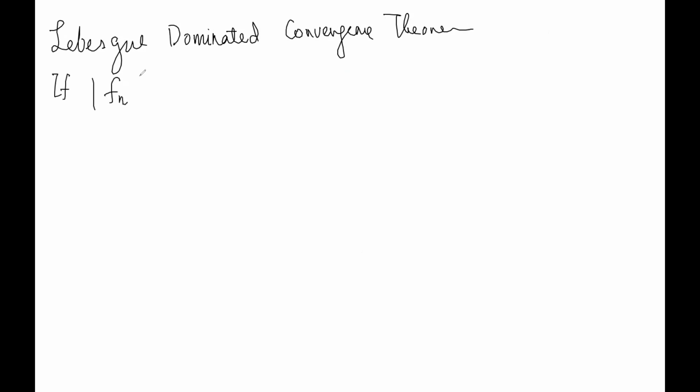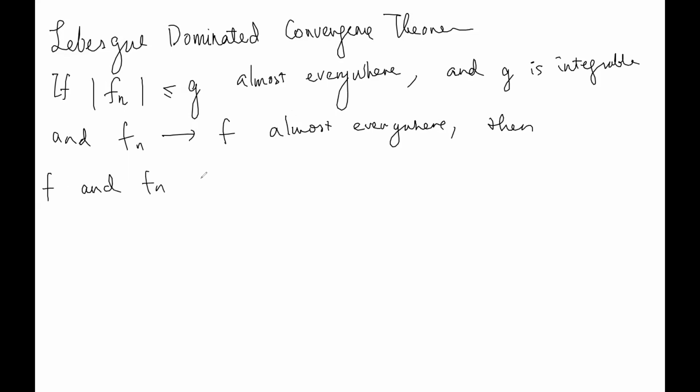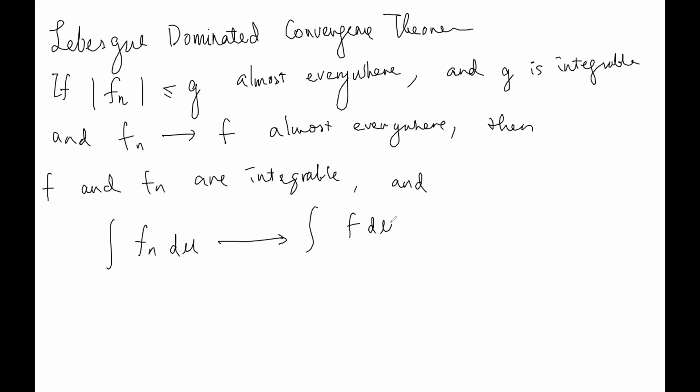If the absolute value of Fn is bounded by some function g almost everywhere, and g is integrable, and Fn converges to F almost everywhere, then F and Fn are integrable, and the integral of Fn d mu converges to the integral of F d mu, right?